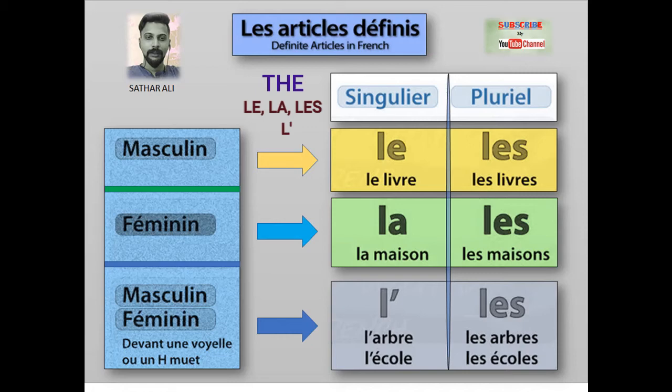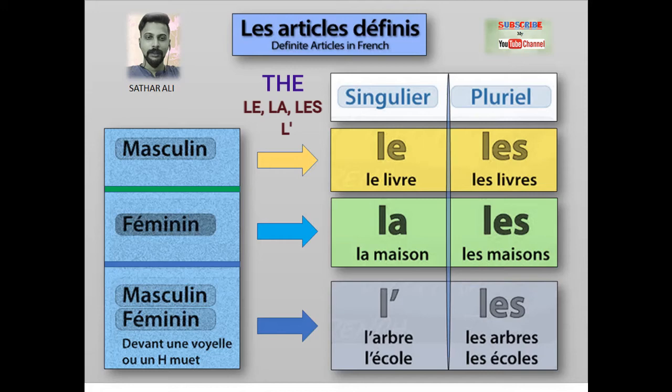And now we will come to this part. Okay. And this part is an exception. Even if you have a masculine form, you have a feminine form, if it is before a vowel, devant une voyelle, before a vowel, or a mute h, h muet.